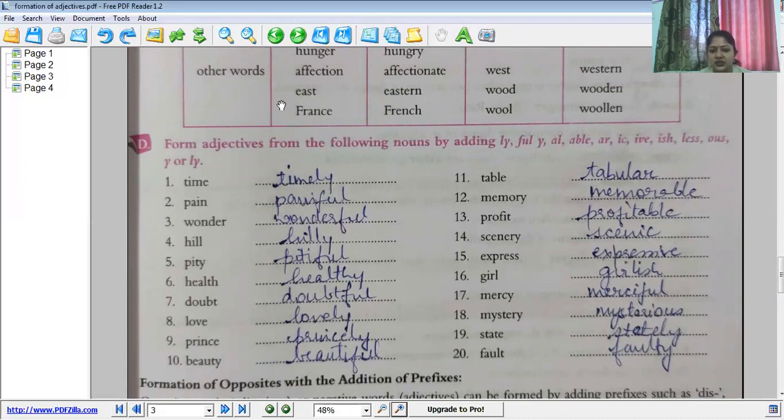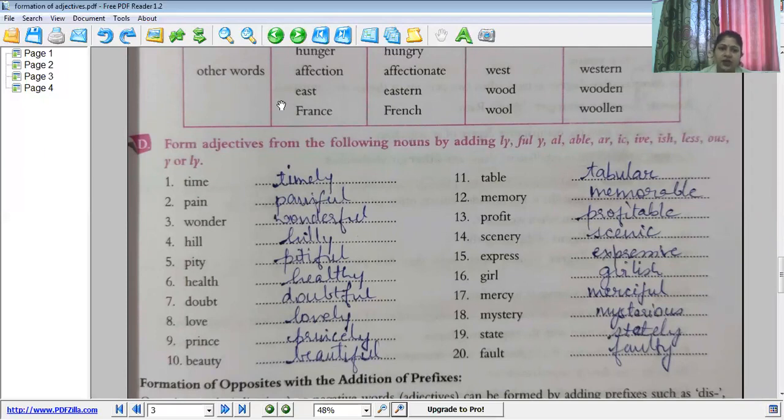Children, see these exercises. Form adjectives from the following nouns by adding ly, full, and y, a, l, able, ar, ic, ive, ish, less, us, y, and ly.